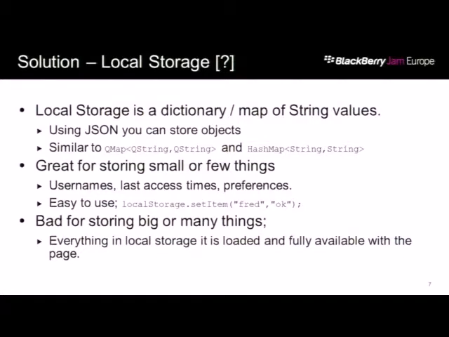It's just a dictionary or a map of string values. So if you use JSON or some other serialization technique, you can put objects into local storage and get them back later. If you are a Java programmer or a Qt programmer, it's similar to a QMap or a hash map. Now, it is really, really good for sticking small or few things in.